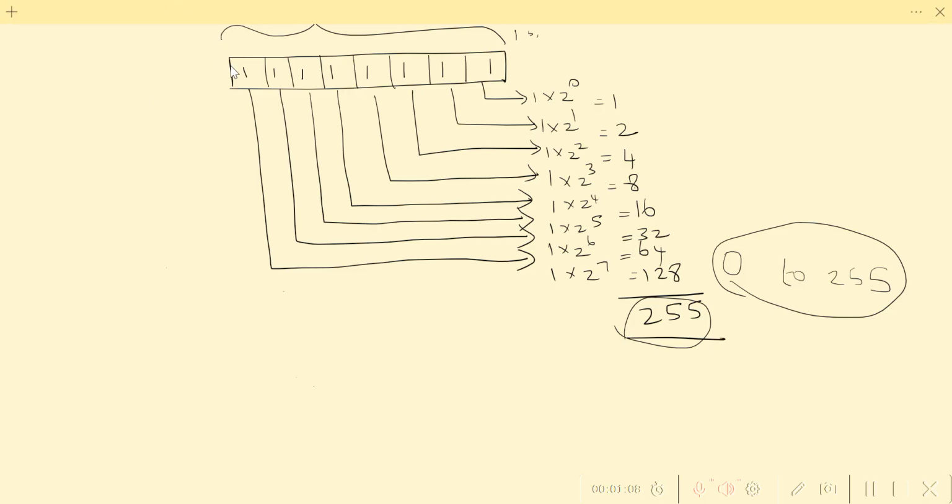So you should extend this box: this is 8 bits, then you should add one more 8 boxes, 2 to the power of 7, then 2 to the power of 8, 2 to the power of 9, up to 2 to the power of 15. So you should add 2 to the power of 0 up to 2 to the power of 15. Then you can find the range.